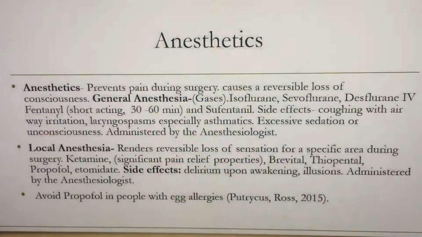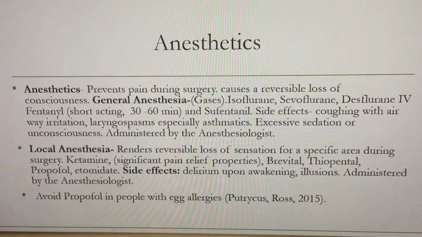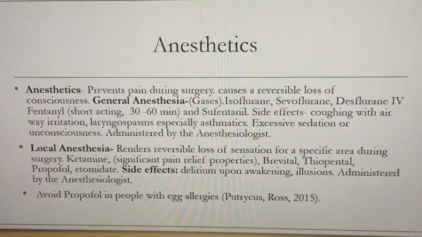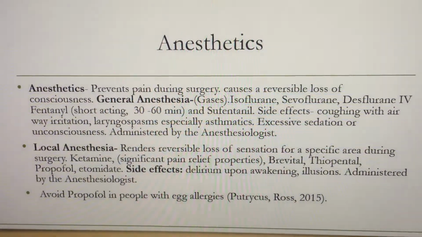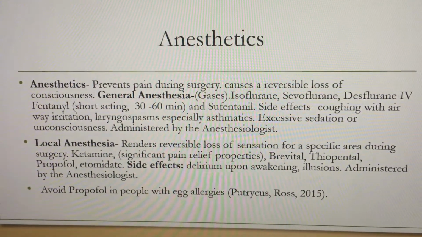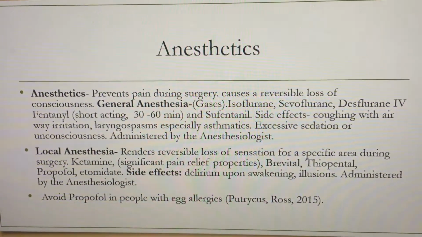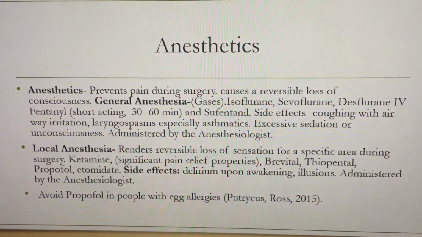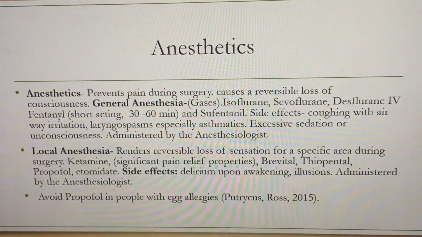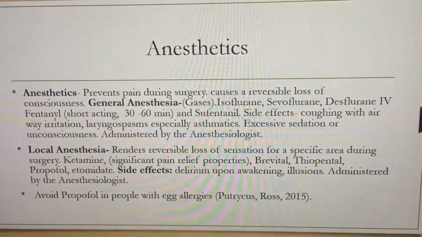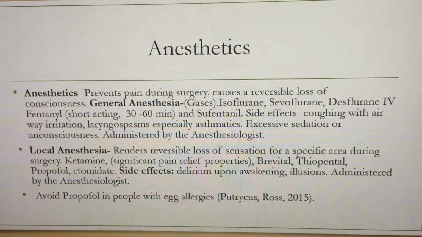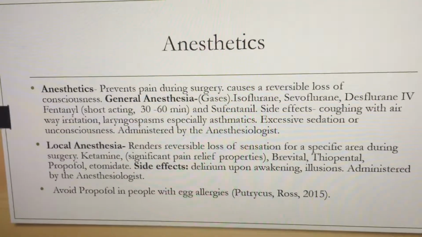But with Brevital, thiopental, and propofol, all these medications, the patient will still need pain medications when they get to the PACU. Some of the side effects are delirium upon awakening and illusions. We are to avoid propofol in people with allergies, egg allergies.